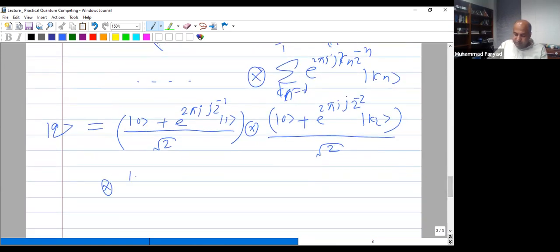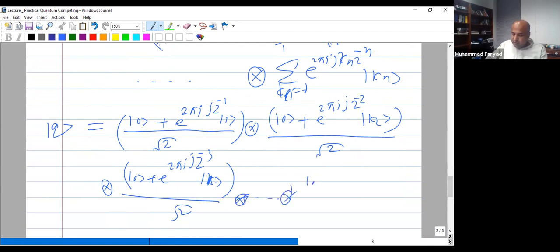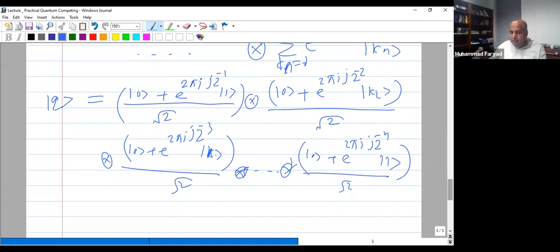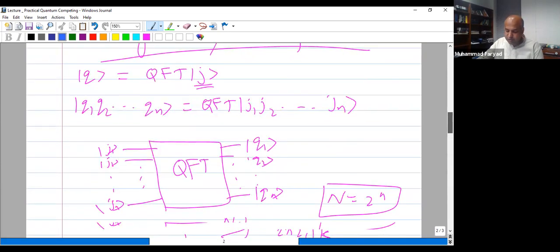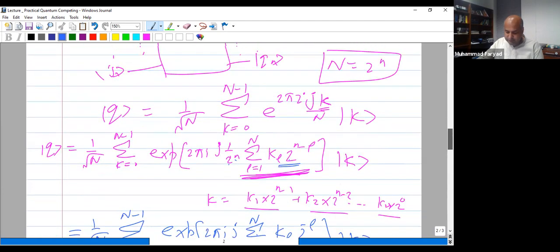Similarly, the next term would be 0 plus exponential 2 pi i j 2^(-3), 1, over square root of 2. And the last term would be 0 plus exponential 2 pi i j 2^(-n), 1, over square root of 2. So this is how all of these qubits have been written at the end. I haven't really done anything, I just wrote this initial definition.